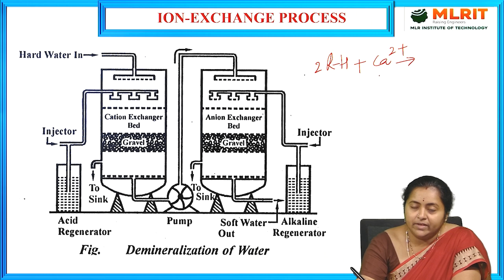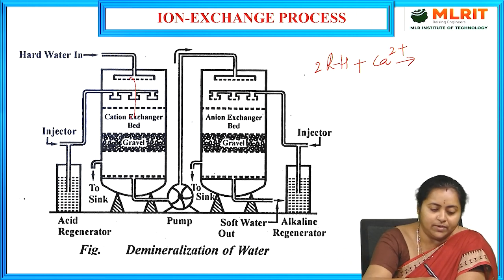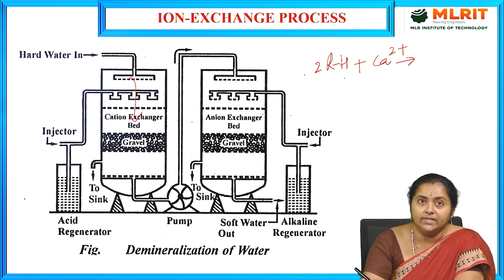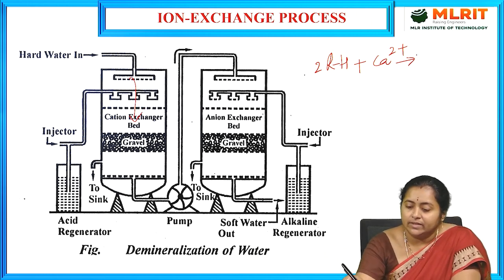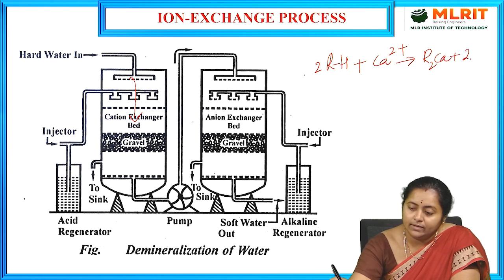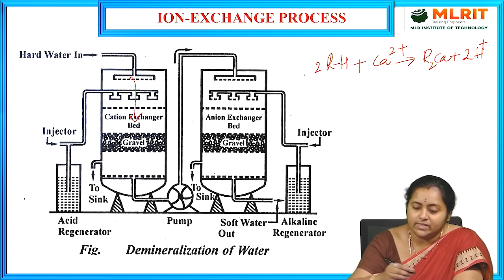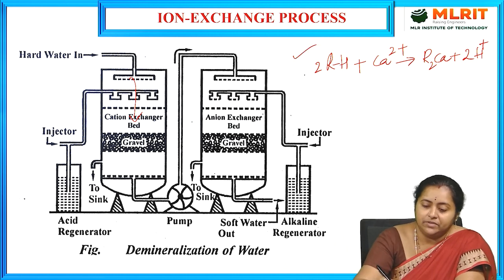When hard water is allowed to pass in here, this bed is having RH, that is the cation exchange resin, which is capable of exchanging its H plus ions, right? So it will convert into R2Ca. Along with that, 2 moles of H plus will be released. This is the first reaction that is taking place.